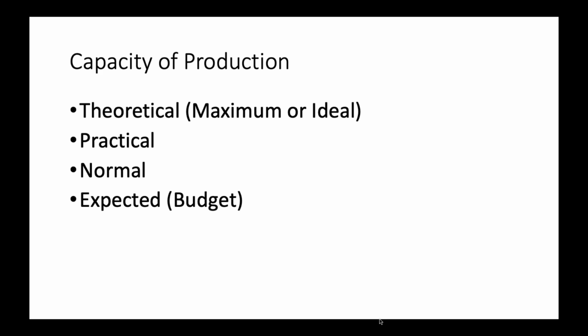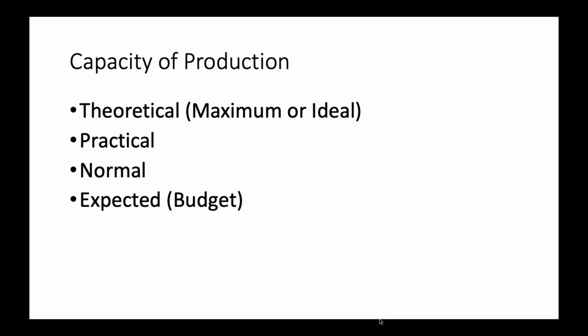So, meaning when we use normal capacity in determining predetermined overhead rate, the denominator is less than the practical capacity because we simply do not consider internal factors alone, but also external factors. So if we will be using normal capacity in determining predetermined overhead rate, then we will come up with a higher factory overhead rate.